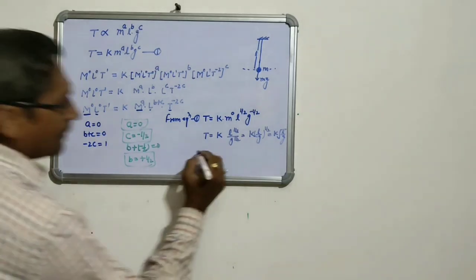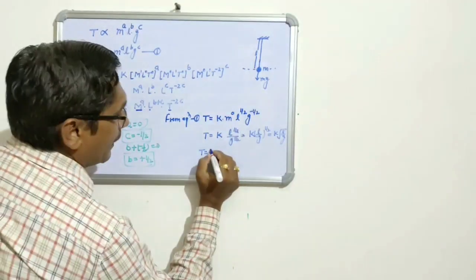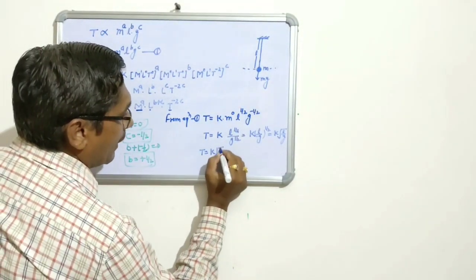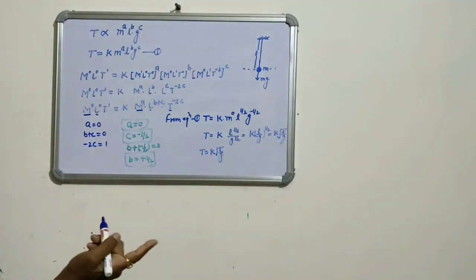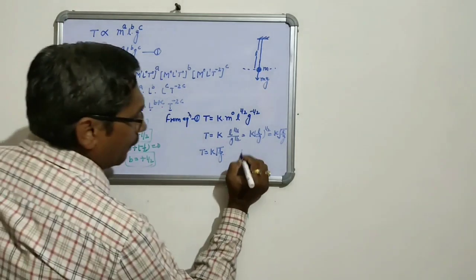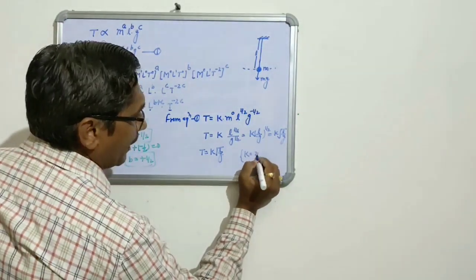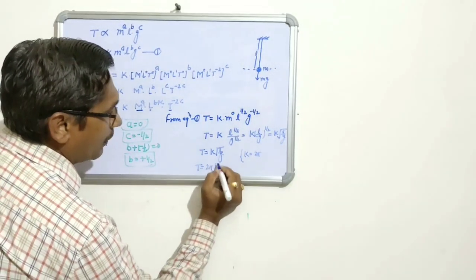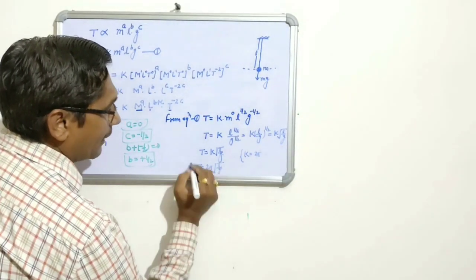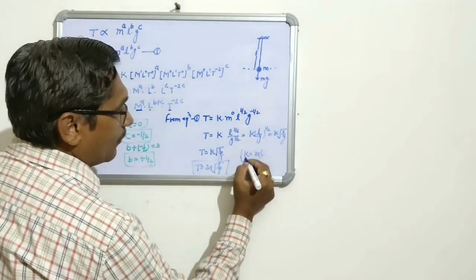Now our formula is T equals k root L by g. And here k is a numerical value. According to experiment, the value of k equals 2 pi. That's why the formula is T equals 2 pi under root L by g. Look here, k is a numerical value.